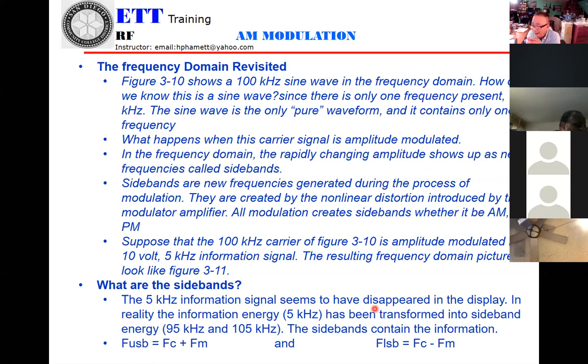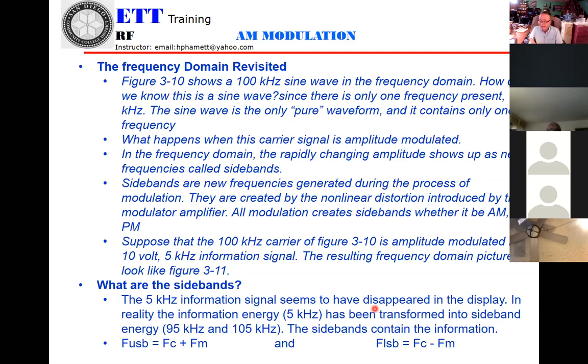Suppose that a 100 kHz carrier is amplitude modulated by a 10 volt, 5 kHz information signal. The resulting frequency domain picture will look like Figure 3.11 that I just showed you. What are the sidebands?